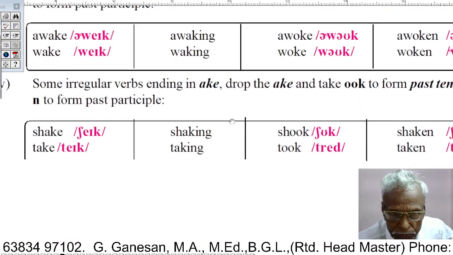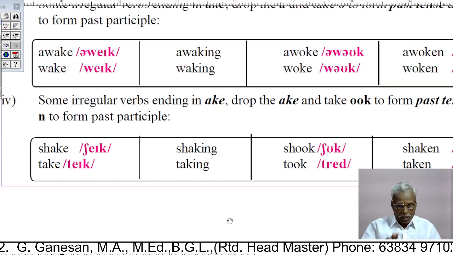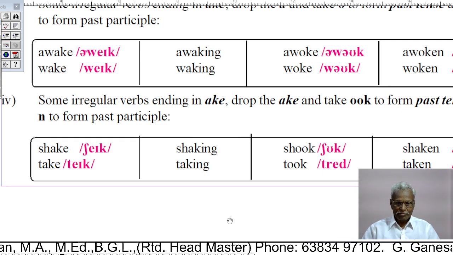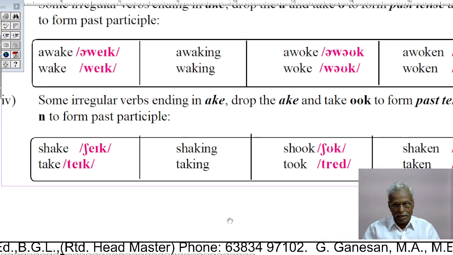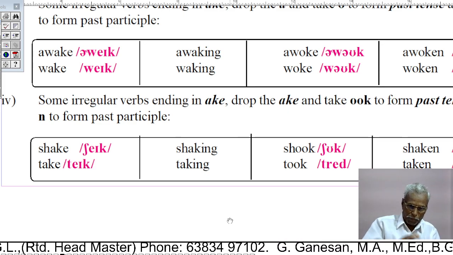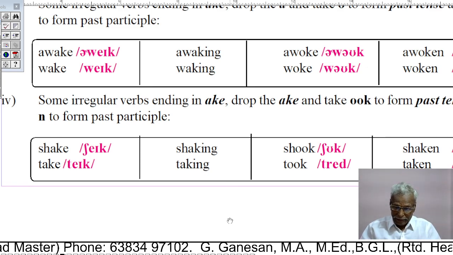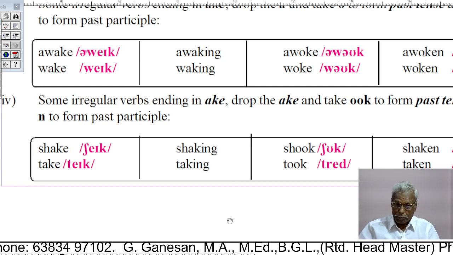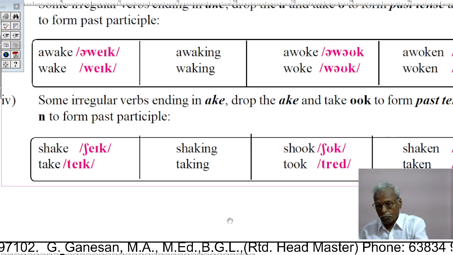Fourth kind. The same, some verbs ending with ake. Drop the ake and take ook to form past tense, and add n with its present form to form past participle.